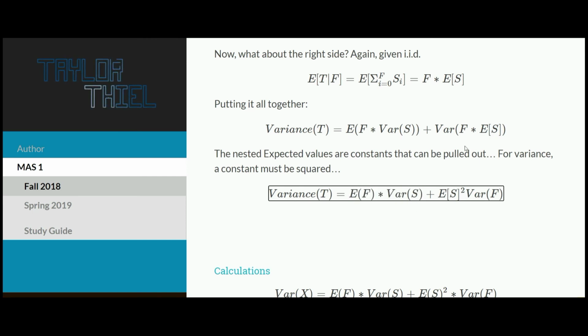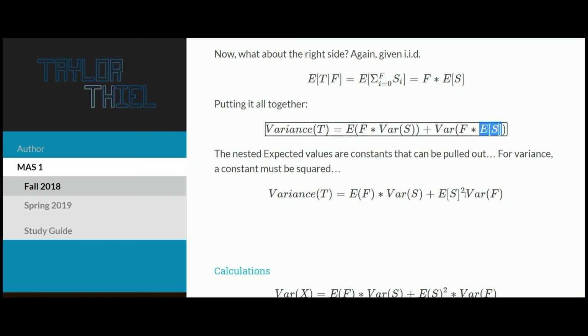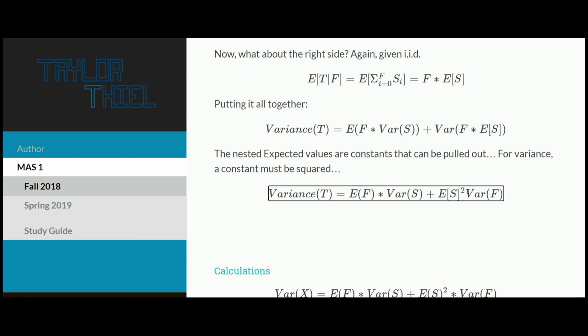And in this case, the expected value of severity is a constant, but when you pull constants outside of a variance calculation, you need to square it, and that's why this expected value of S ends up getting squared. And that is how you derive the total variance formula for a frequency-severity compound distribution.